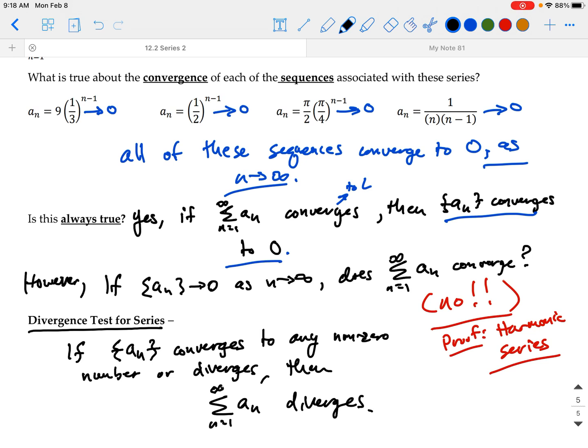So we can look at the sequence first and say, what's our sequence doing? Because if our series converges, we know that the sequence itself has to converge to 0. So this is going to be another test that we start with for some obvious series where we know that we're going to get a non-zero number for the limit as n approaches infinity of that sequence.